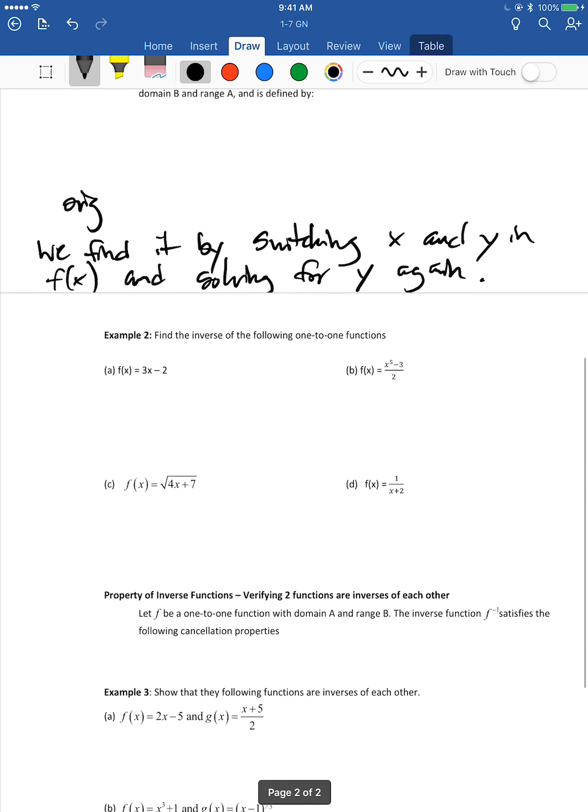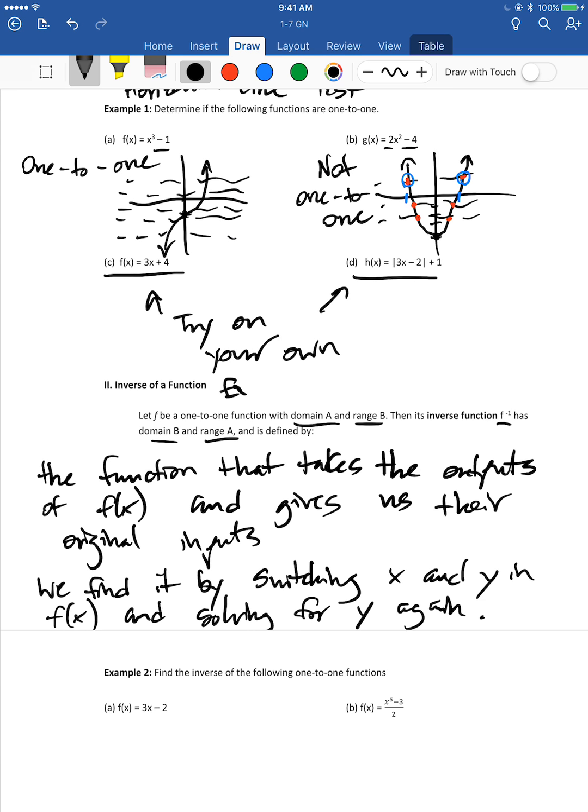So let's take an example. Just something like f of x equals x squared. So I know that for my original function, if I had something like f of 2, then that's 2 squared, which is 4. But I also have f of negative 2, it's negative 2 squared, which is 4. That means that when I take my inverse function, f inverse of 4, again, I'm taking in my original output for f of x, it's going to give me its original input.